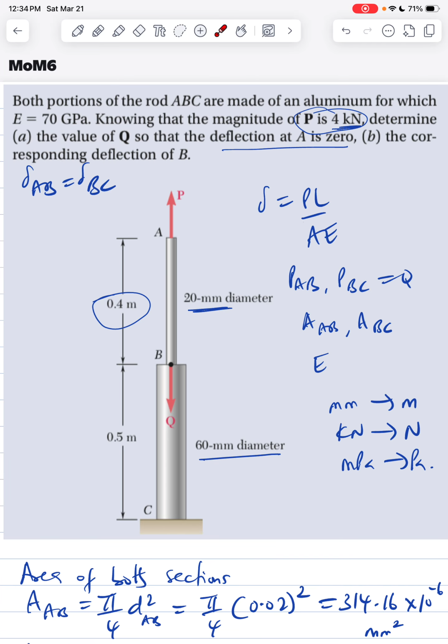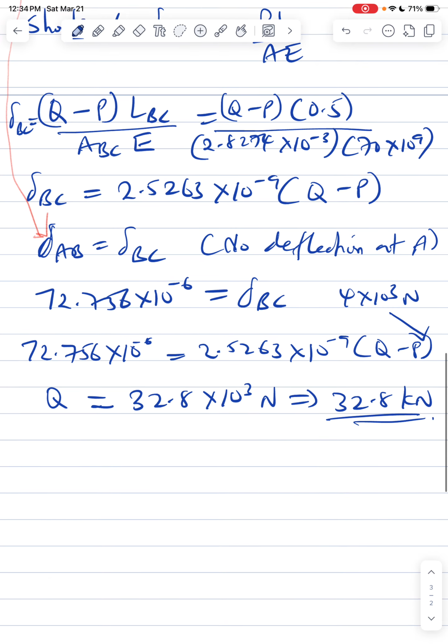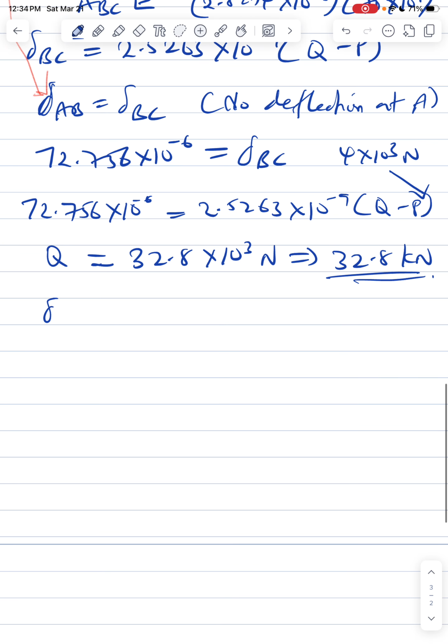Now the second part is the corresponding deflection at B. Don't confuse the deflection at AB and BC with how A moves, right? Let me make a better drawing.